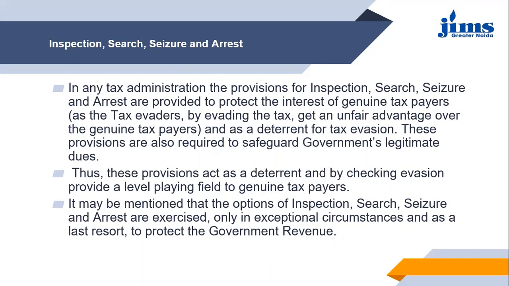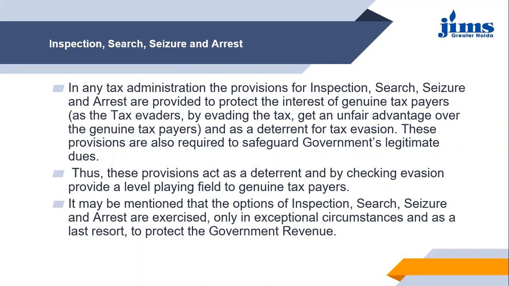Inspection or search are the lighter terms in comparison to seizure and arrest. Arrest is the most complicated and the last resort left with the authorities to take against any taxpayer, and inspection is the lightest way of saving the revenue for the government.